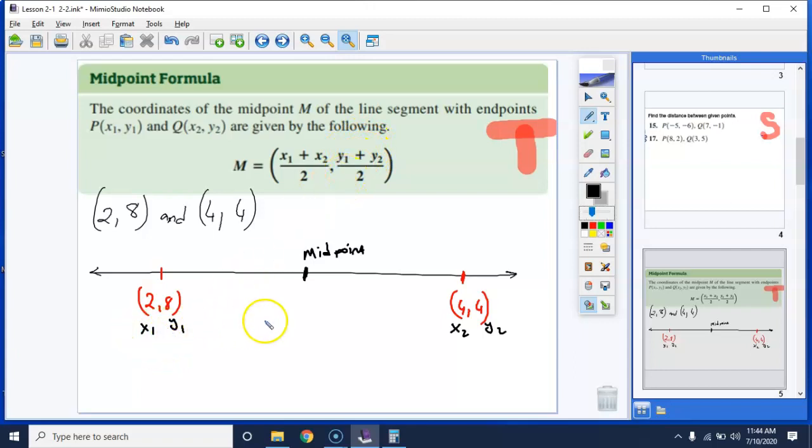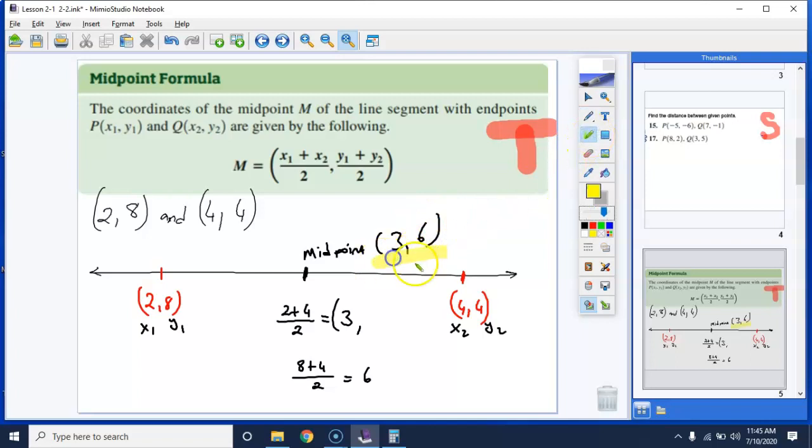So x values: 2 plus 4 divided by 2, which is 6 divided by 2, 3, right? And then y values, 8 plus 4 divided by 2, which is 6, right? So my midpoint should be (3, 6). And that's my answer.